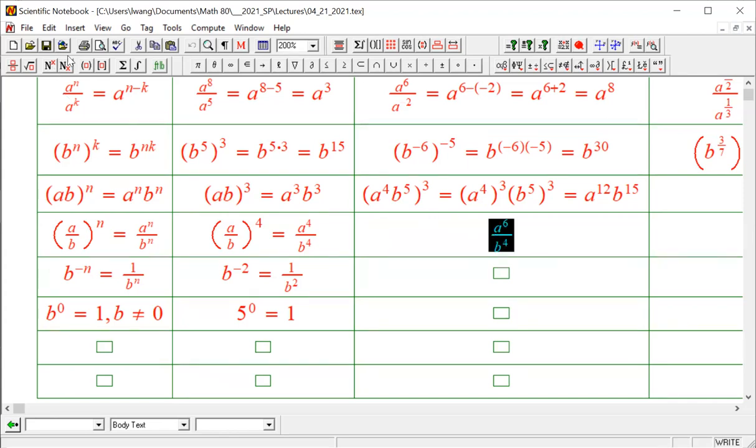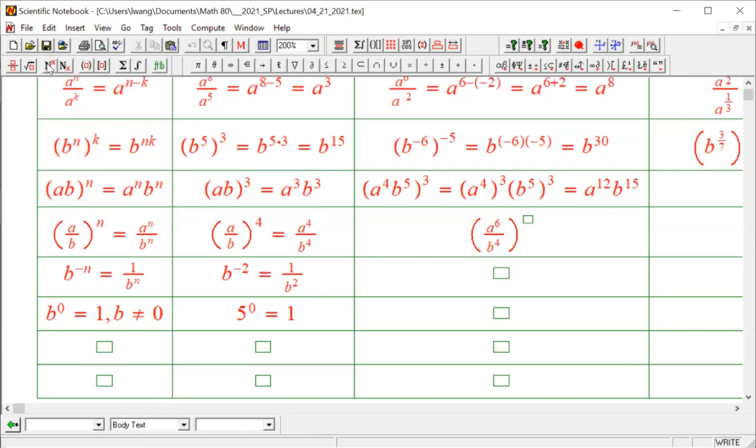All of these together in the quotient, and then raised to the power of 5. Would you like to try this, you guys? You don't have to. As a matter of fact, you can just go straight.